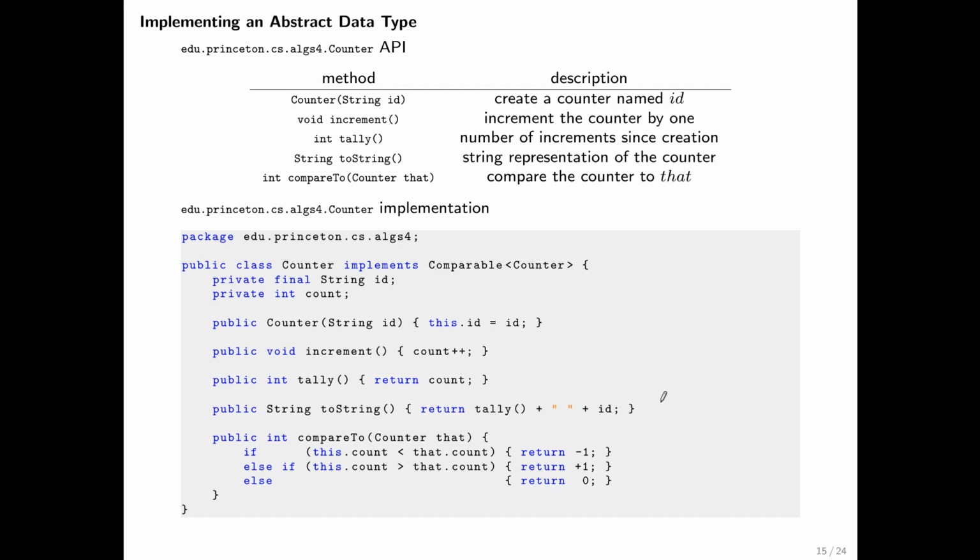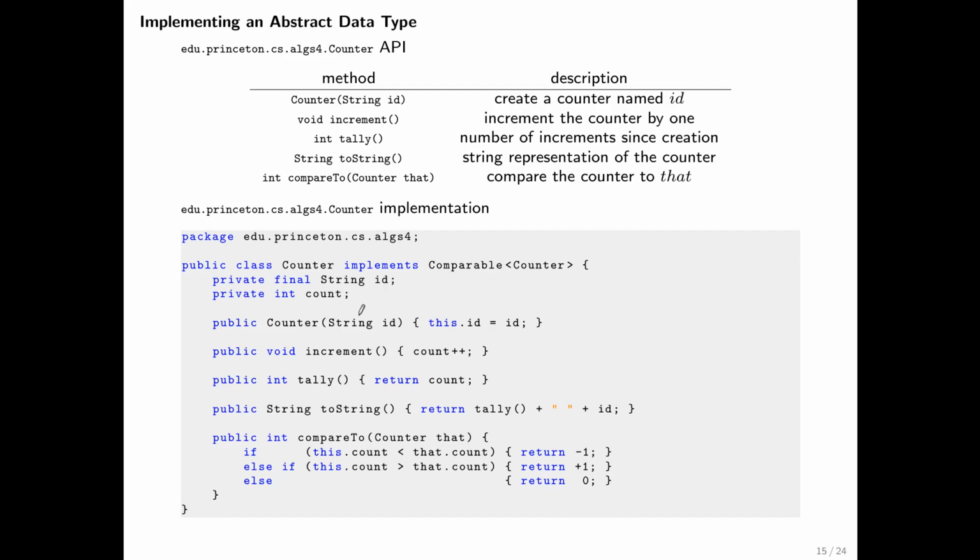So for the string representation of a counter object, we return a string that contains the tally of the counter along with its ID. So this is how we get the string representation of a counter object.